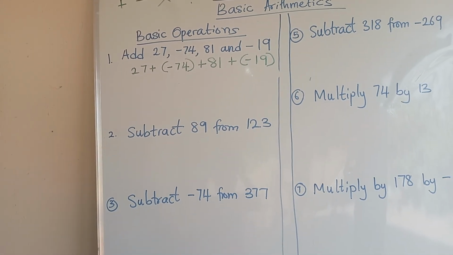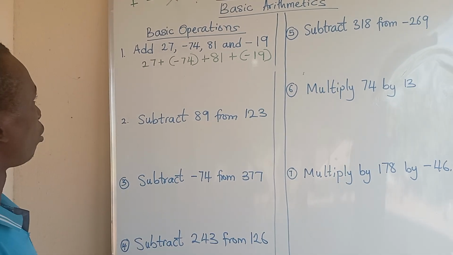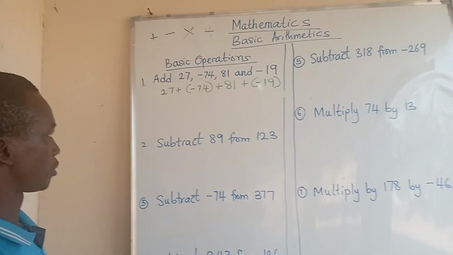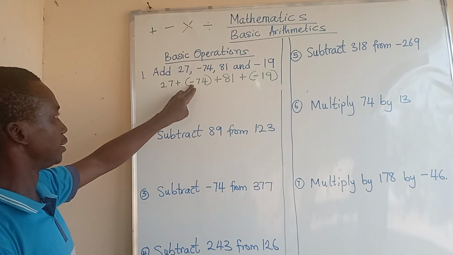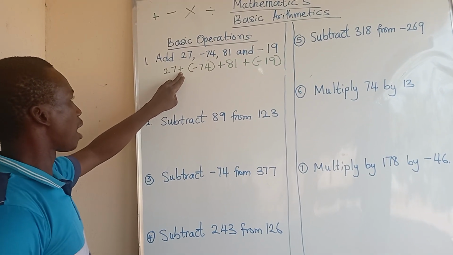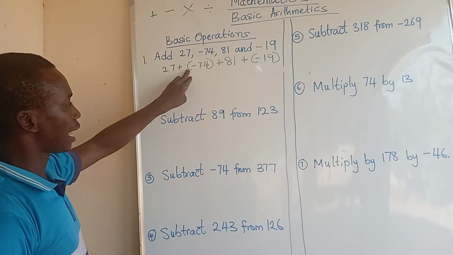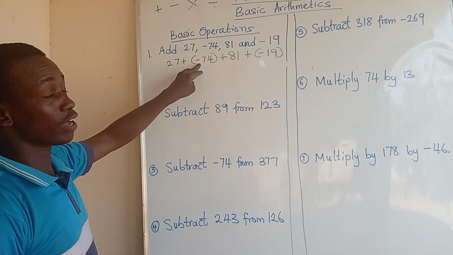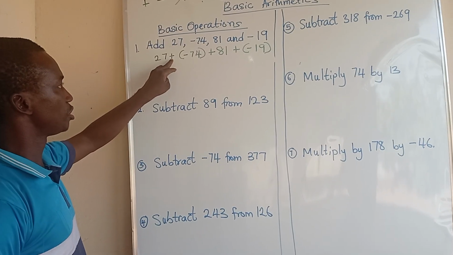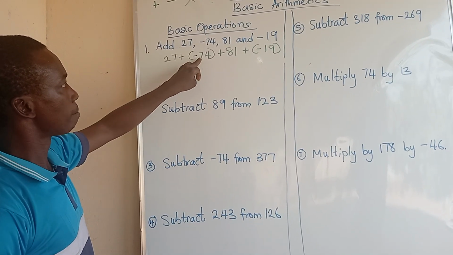We should have an understanding of a concept. When we see something like this, it means plus times minus. The fact that this is in the bracket is referred to as what? Multiplication. So this is plus times minus.